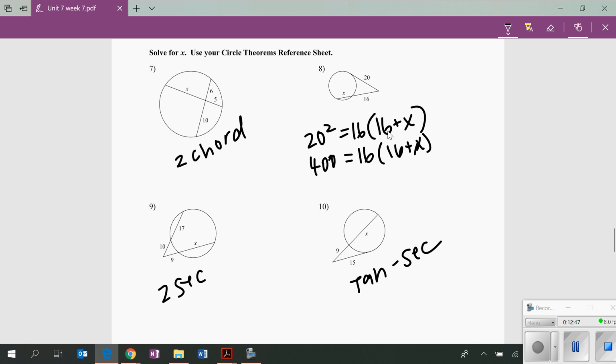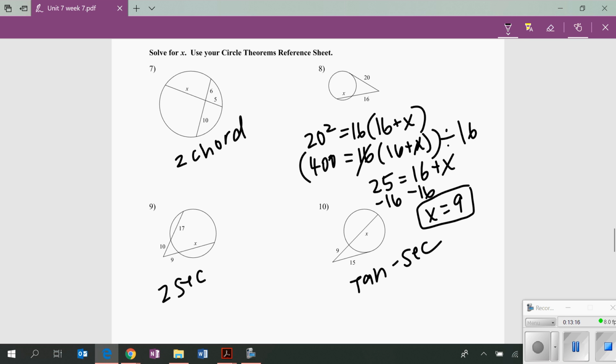Okay. We can't combine inside here. We could either distribute my 16, or we could just divide everything by 16. Cancel that one. 400 divided by 16 is going to give me 25. Okay. 16 plus x. Now I'm just going to subtract out my 16. And x equals 9.